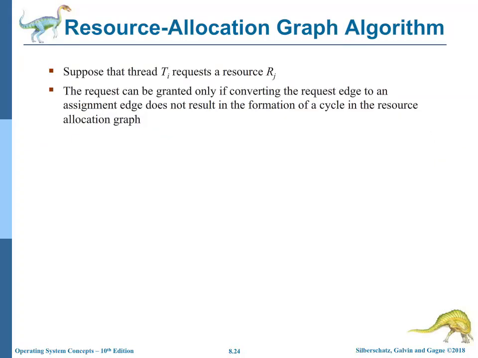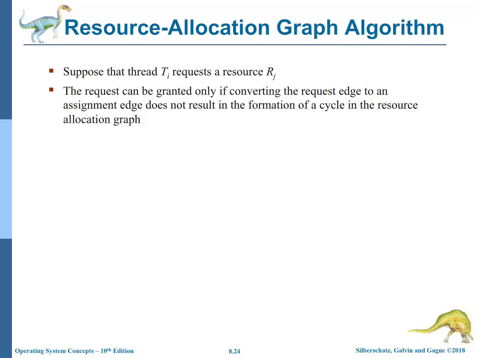In resource allocation graph algorithm, suppose that thread Ti requests a resource Rj. The request can be granted only if converting the request edge to an assignment edge doesn't result in the formation of a cycle in the resource allocation graph.